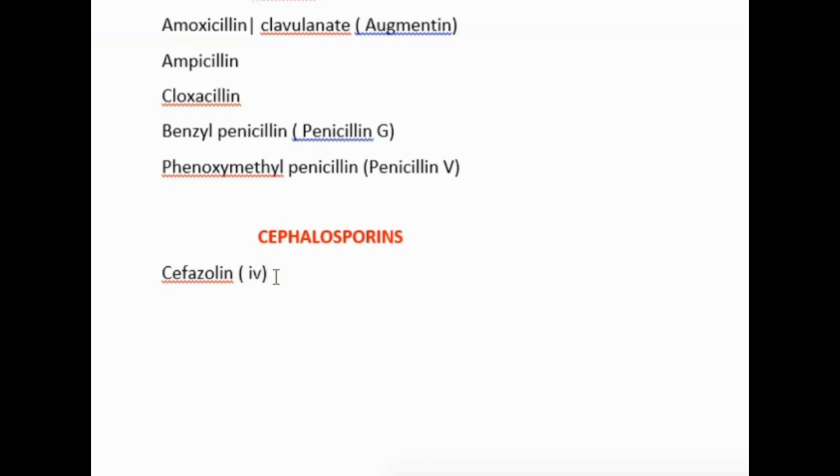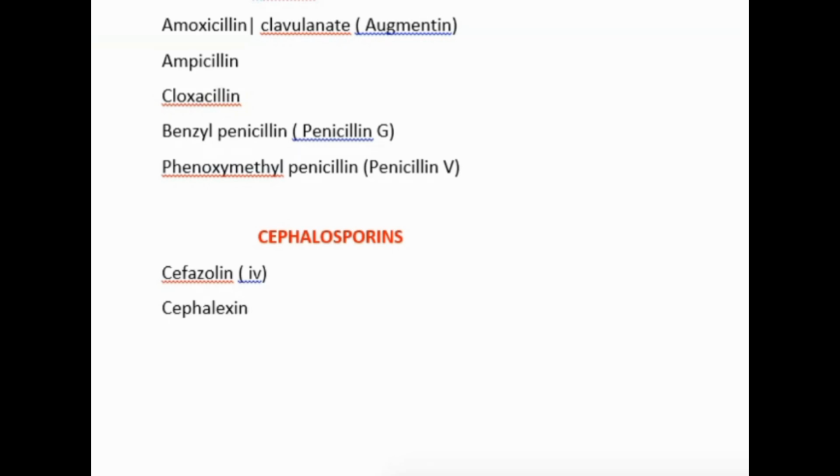We also have cephalexin. So cephalexin is also a beta-lactam antibiotic, which falls under the group of cephalosporins.